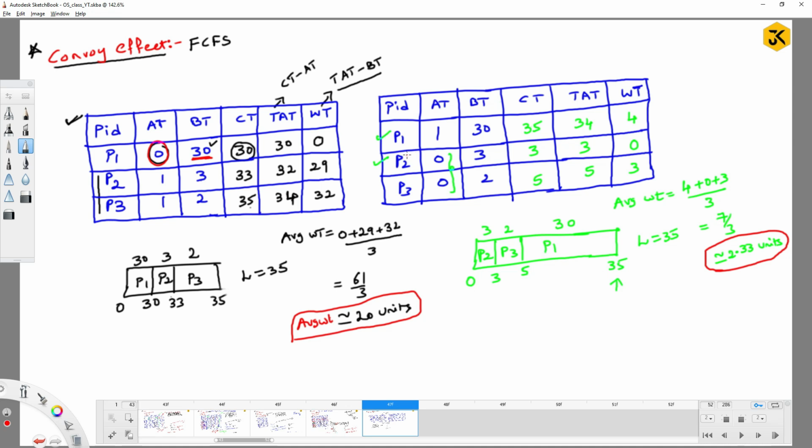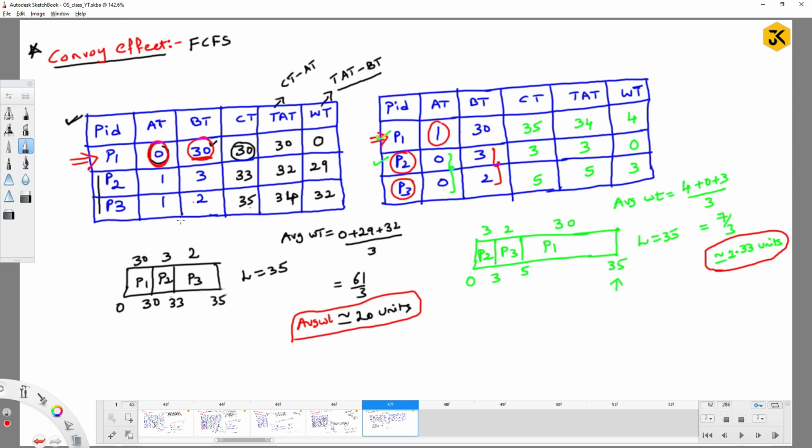Whereas here, P2 and P3 arrival times are 0, which are the smaller processes. Clearly observe, here the bigger process is P1. Here also the bigger process is P1, but it has arrived at 1 unit of time. Here it has arrived at the 0th unit of time.